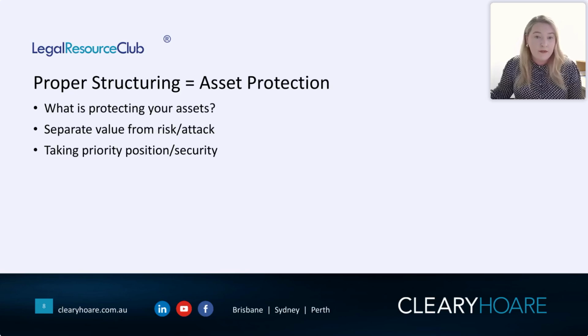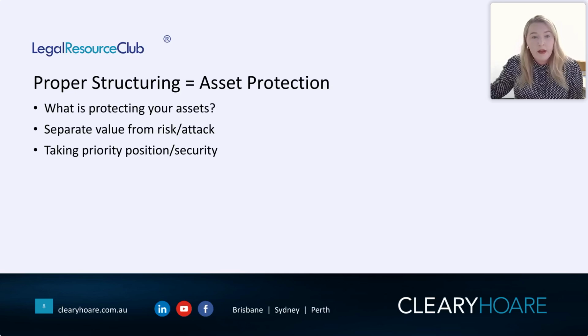So the likelihood of them being sued is very low. And you want to have those entities separated from any risky entities, such as any trading entities, or if you're an individual that's in business or that's in a risky profession, you would want that individual to be separated from the wealth.